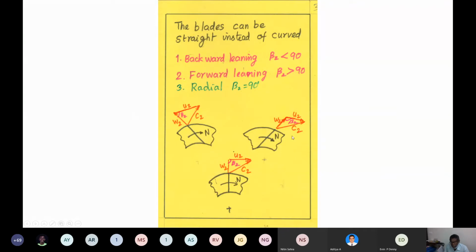Then the next one, that is forward leaning, where beta 2 is greater than 90 degrees. And the last one is purely radial blade, and beta 2 is 90 degrees. Now, it's not a good configuration in the sense it won't be efficient. There will be a lot of problems, but for small duties, it is all right.